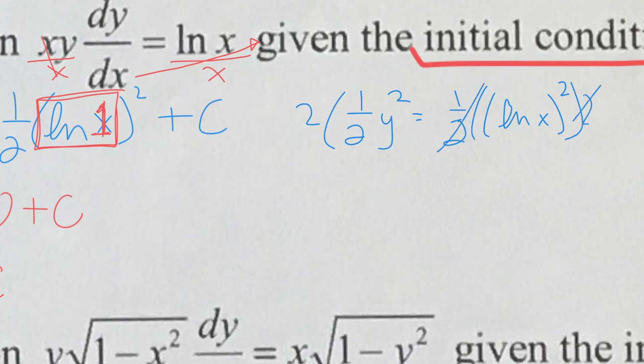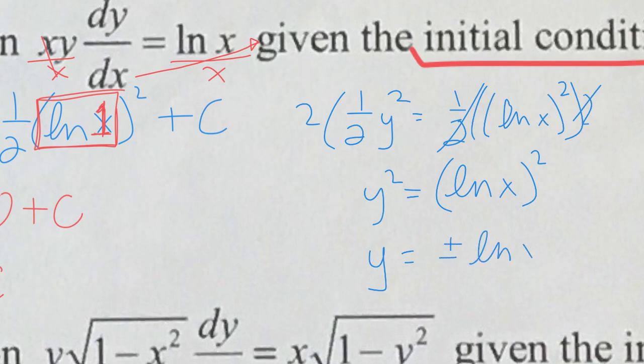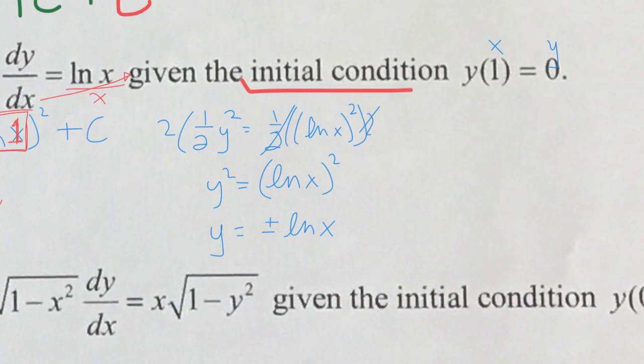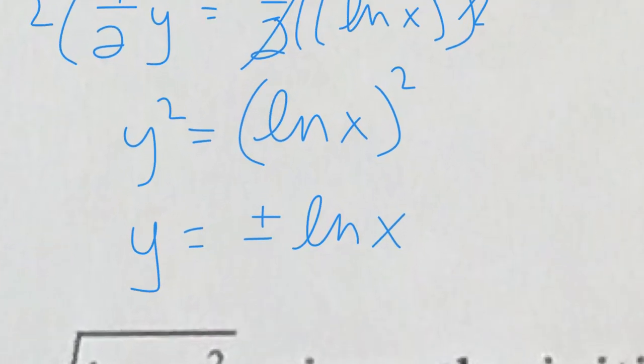All right, that cancels the 1/2. y squared equals natural log of x squared. And square rooting, we get plus and minus, I guess, the natural log of x. So it could be either the positive or the negative. But chances are it's going to be positive, I think, in this problem, because we get a positive x of 1 and y is 0. So we're only going to be looking at the positive values of natural log. Okay, so y equals natural log x.